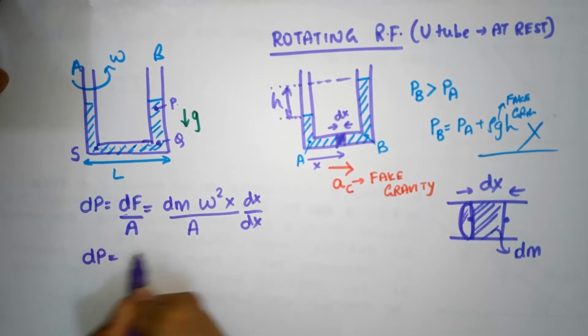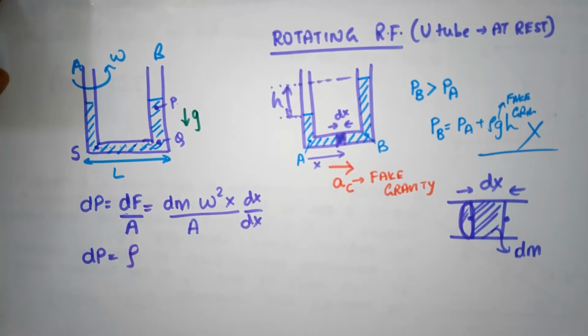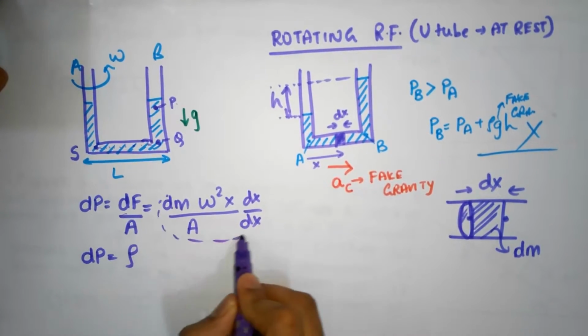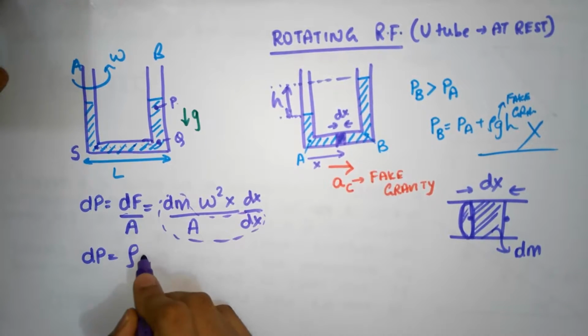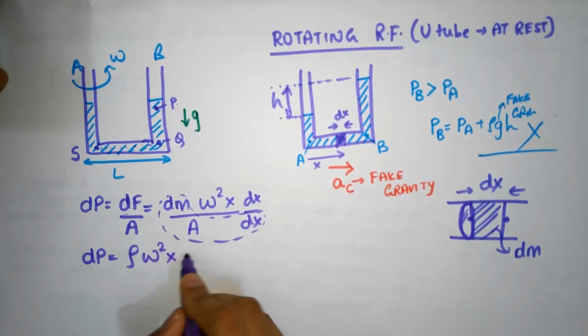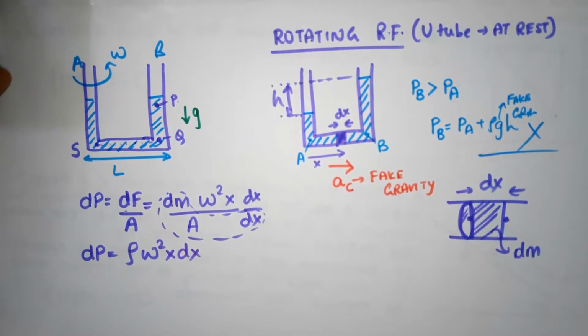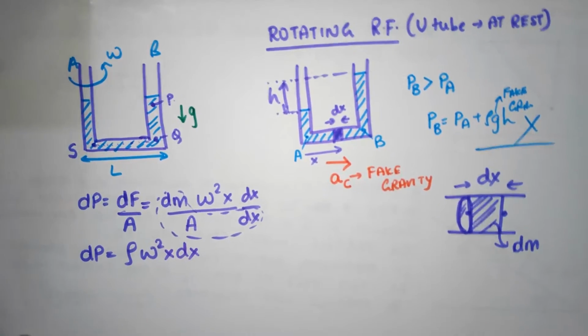So dp can now be written as density rho times omega squared x dx. And now we are ready for integration.